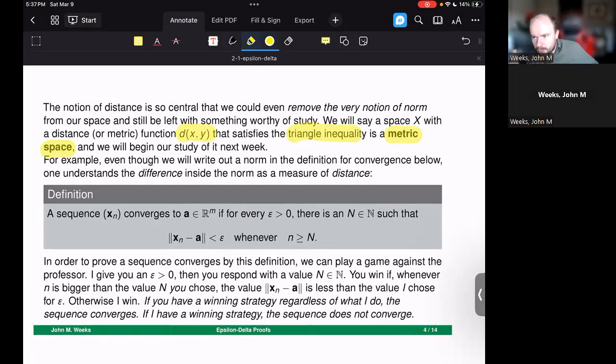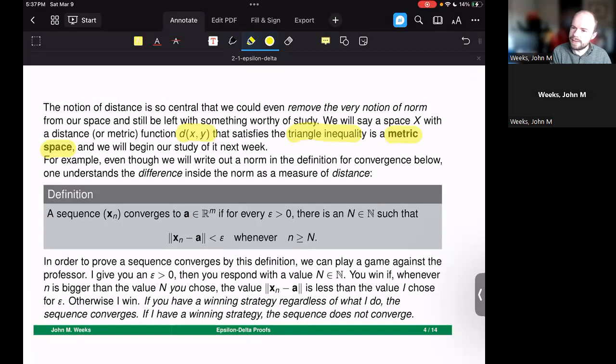For this section and for what we're doing this week, we're just going to be working in R^n. These are normed spaces and have a lot of the qualities that we have, except for the quality that one vector may not be less than or greater than another vector. So we have to be careful about that. So now let's take this notion of distance and use it to our advantage here in R^m.